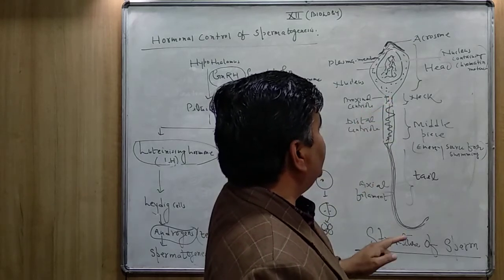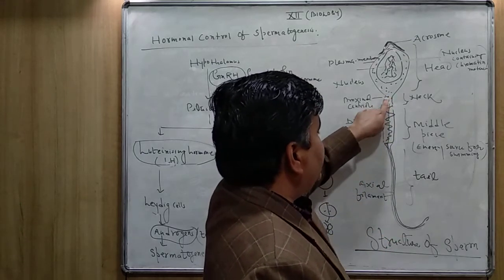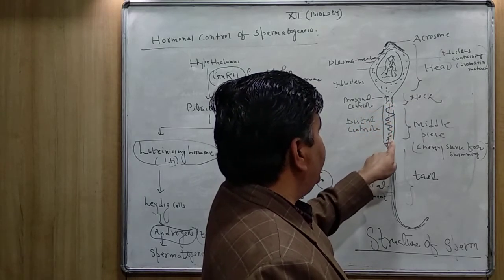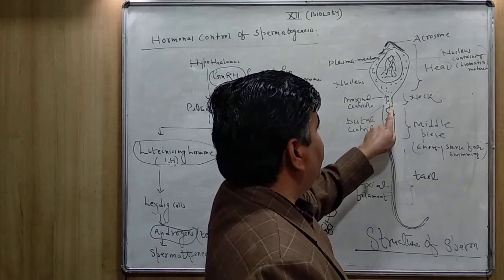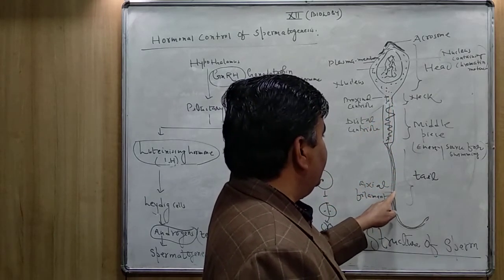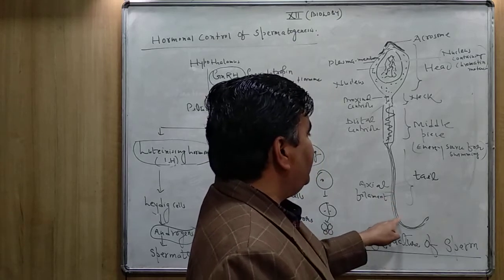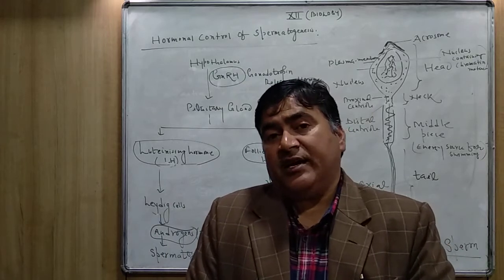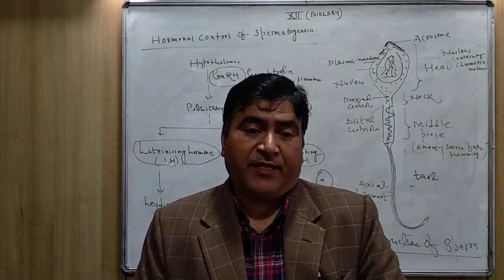The distal centriole helps in the formation of the axial filament. This filament comes through the middle piece and finally enters the tail. You can see here in the central part there is the axial filament. The axial filament is the main part of the tail which helps in movement.